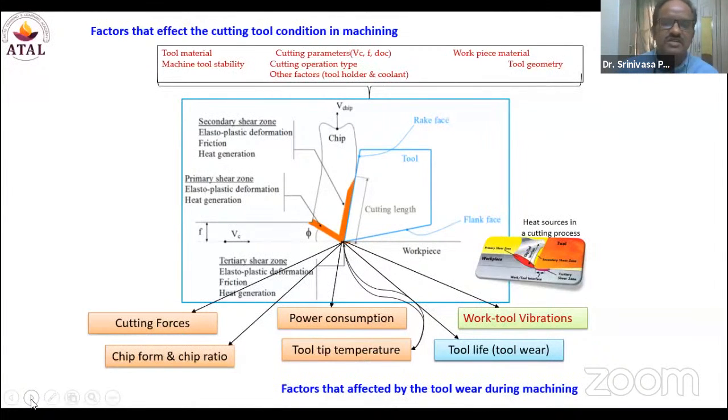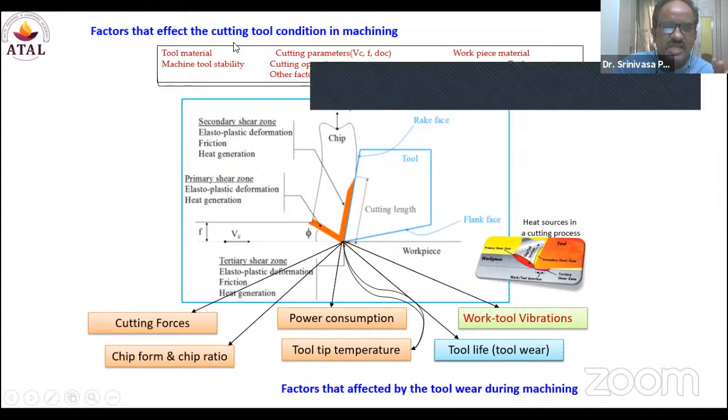As I mentioned, forget about whether it is smart or conventional, it is machining. Irrespective of the type of machining, these are the factors that affect the cutting tool condition: first of all, tool material, and cutting parameters like cutting speed, which is expressed in meters per minute.